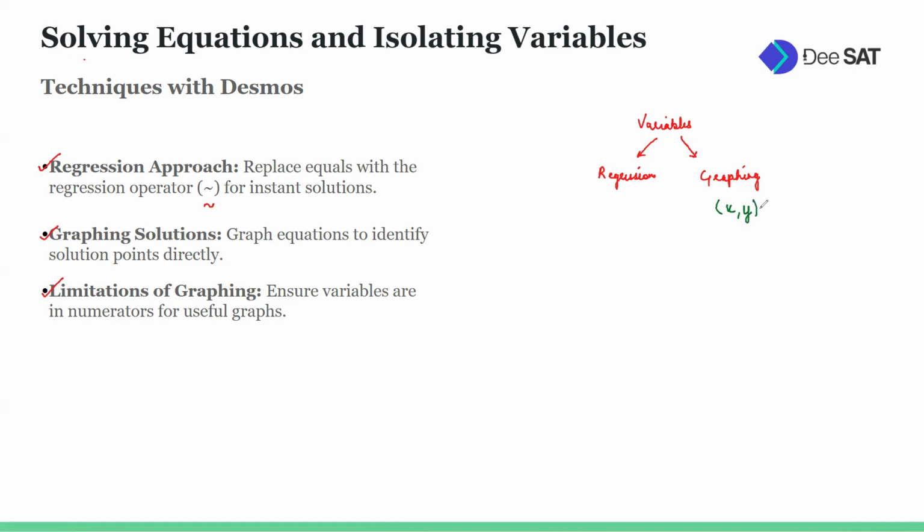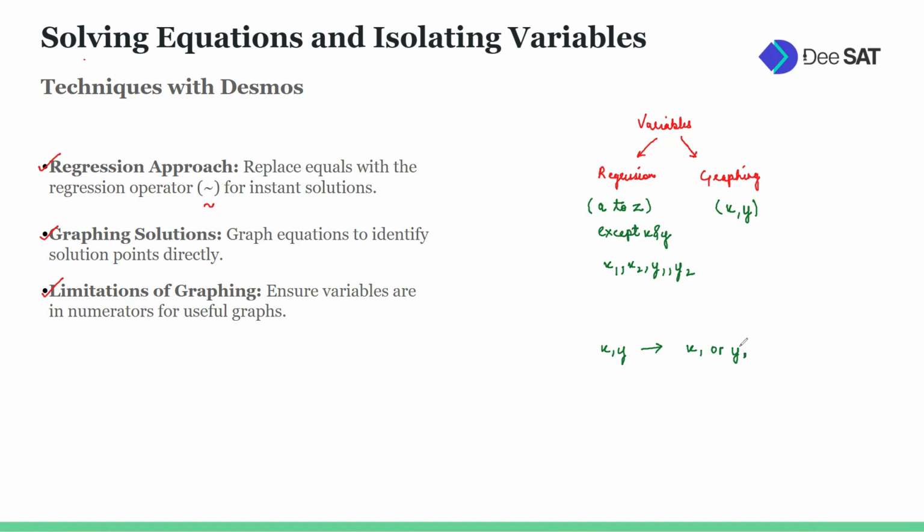These are the two variables that are being used to graph the equations, parabolas, anything. When we talk about regression variables, they are all the variables from A to Z except x and y. You can also use variables in the form of x1, x2, y1, y2 instead of x and y. So you can replace graphing variables x and y in the equation when you're doing the regression with x1, x2 or y1, y2.